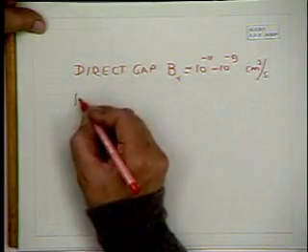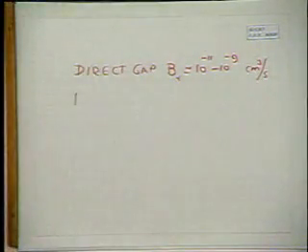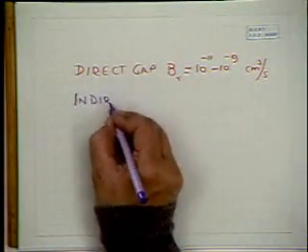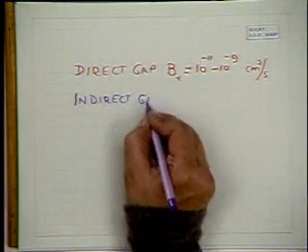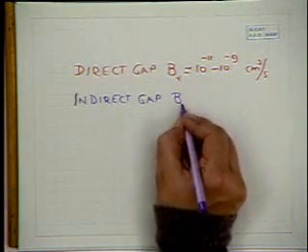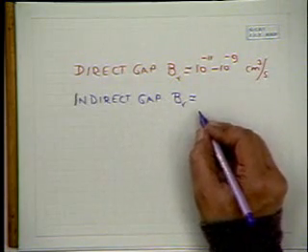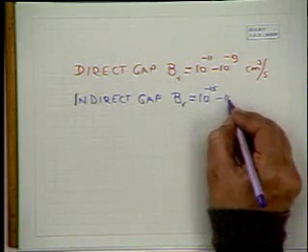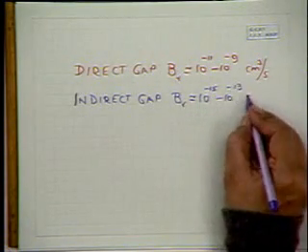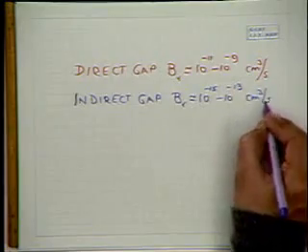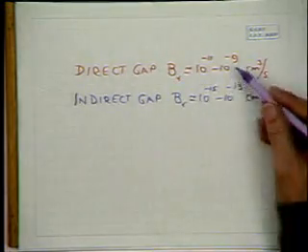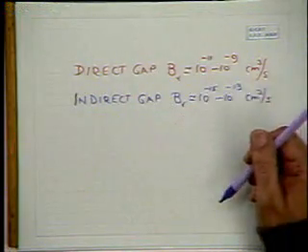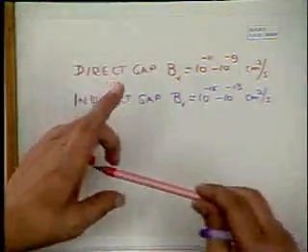For an indirect gap semiconductor, BR is between, say, 10 to the power minus 15 to 10 to the power minus 13 centimeters cubed per second. So there is a difference of about 10 to the power 4 in the value of BR, and consequently of tau also.